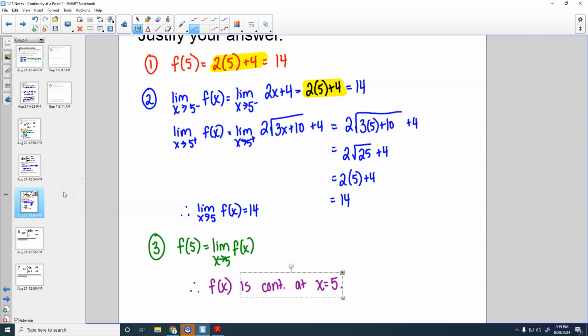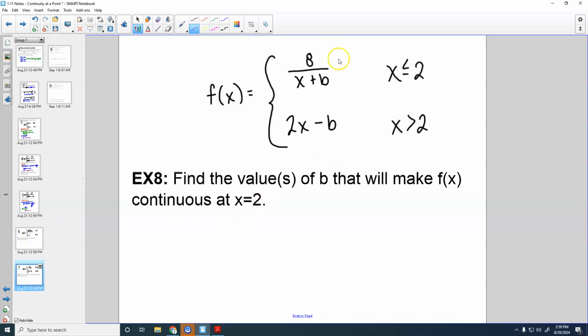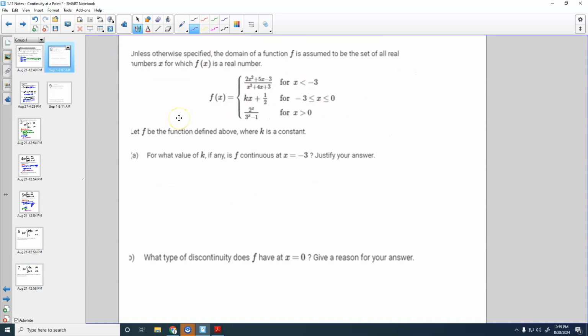Okay, questions? All right, we were pretty clearly not going to get through all of this. Oh, wait, let's see. It's okay if we don't do 7 or 8, because since AP switched to the new order a few years ago, there's a whole section on removing discontinuities. So 7 and 8, we're going to do those whenever we remove discontinuities.